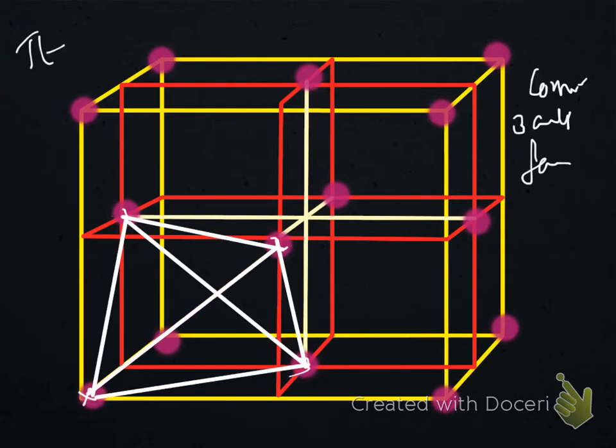Then you will get a void between them. A tetrahedral void can be seen here. In that tetrahedral void you can arrange particles. So you will place a particle at the tetrahedral void here.